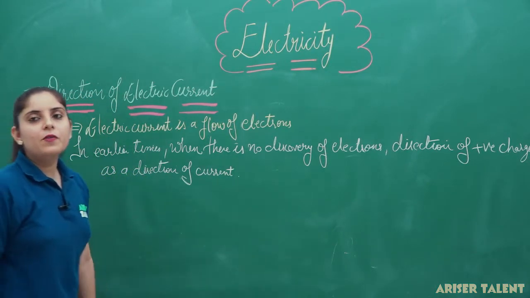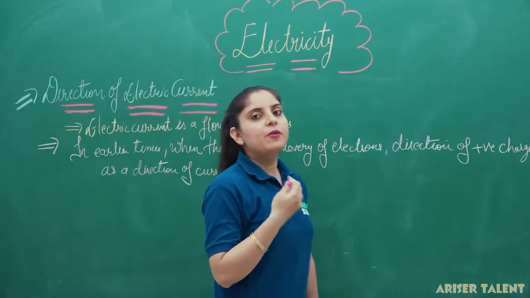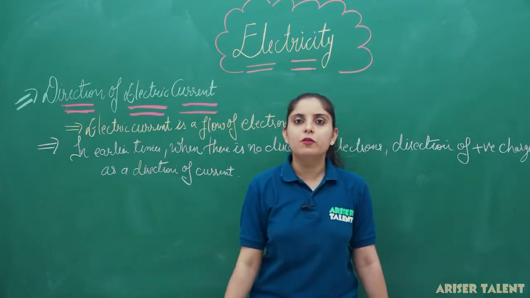But after the discovery of electrons, the direction of the current was found to be opposite to the direction of the flow of electrons.